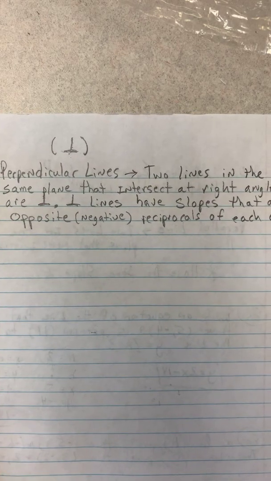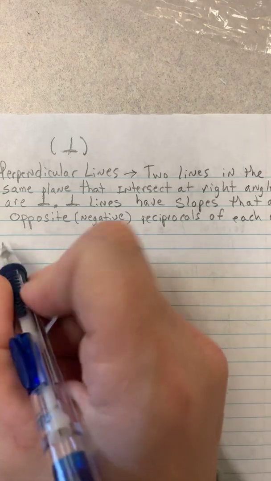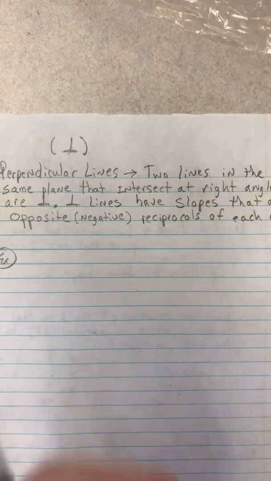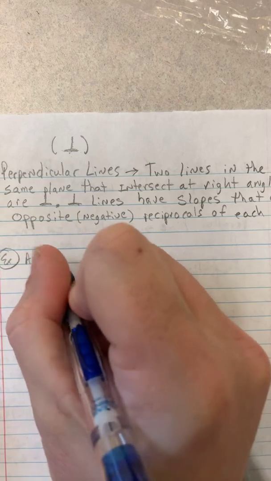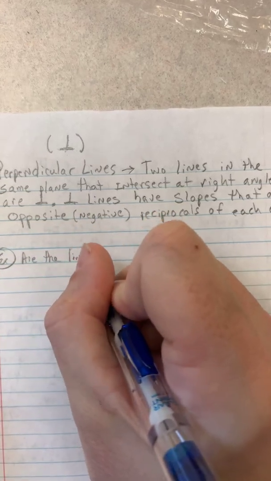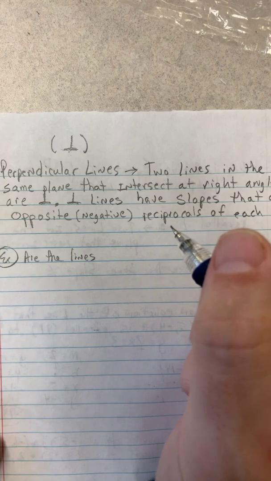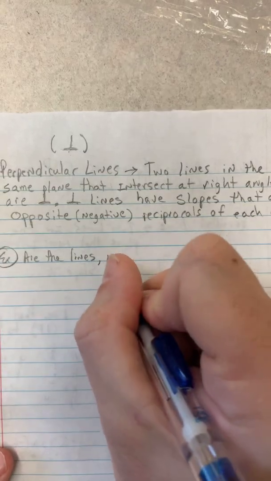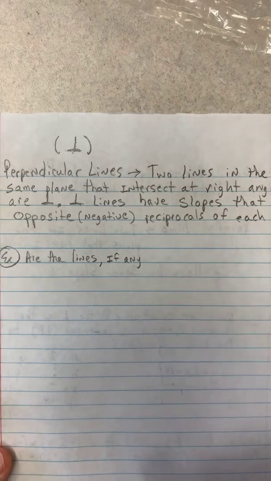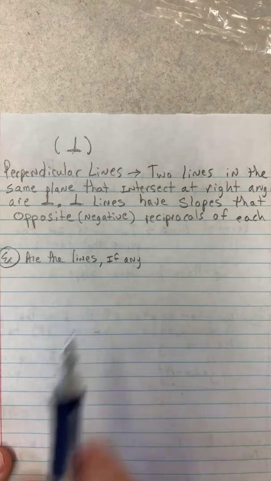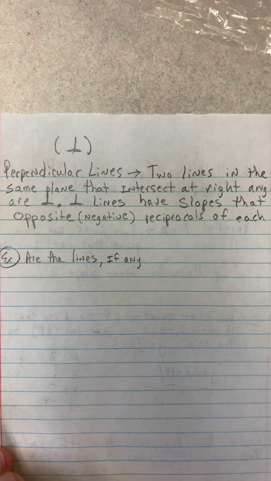So here we go. We are going to say, are the lines, and they're always going to tell you in the book or on the test, this is a big test question. This is a huge chunk of the quiz and the test.